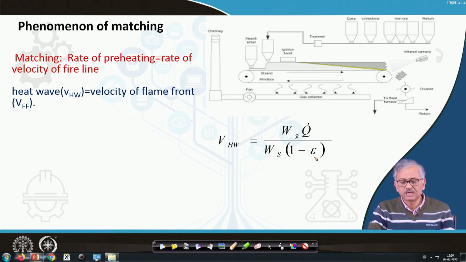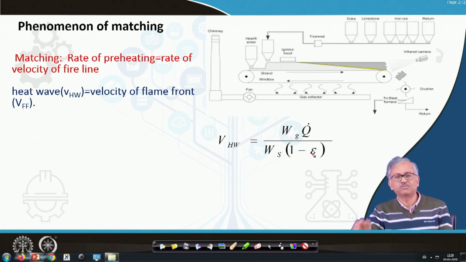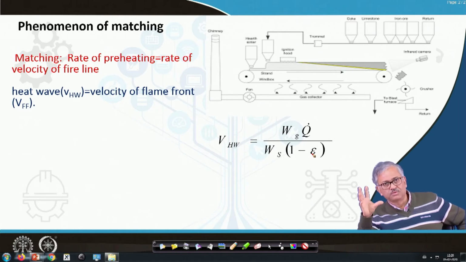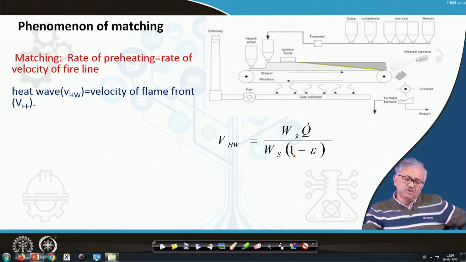And this is the volume of the solid. Epsilon is the voidage, so 1 minus epsilon is the volume of the solid per unit volume of the bed. That is a dimensionless number, and this is the kilocalorie per unit volume of the solid, right?